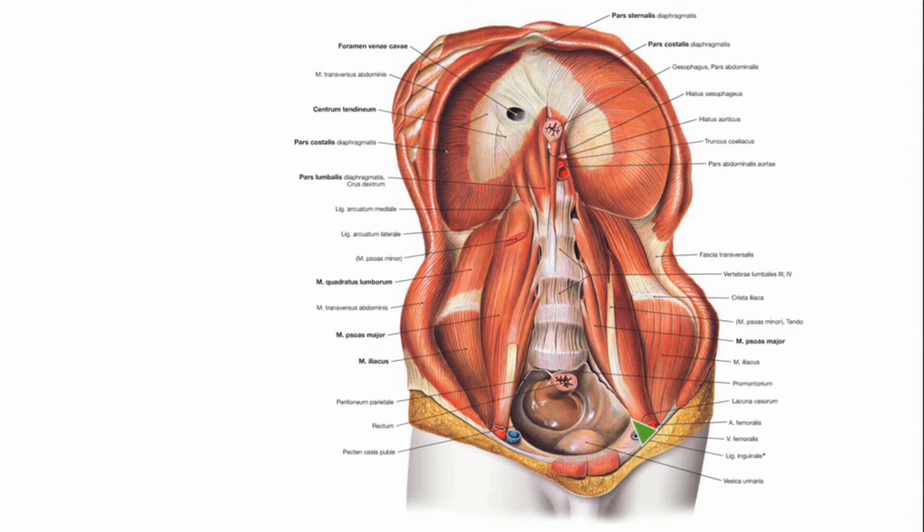Its insertion is more inferior and would be to the pectineal line region of the pubic bone. It's innervated by the anterior ramus of the first lumbar spinal nerve, and its action is to produce weak flexion of the vertebral column.